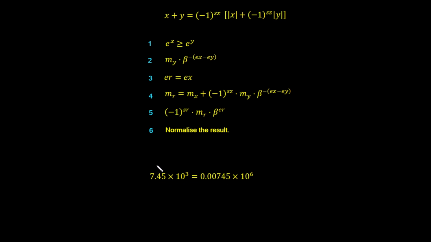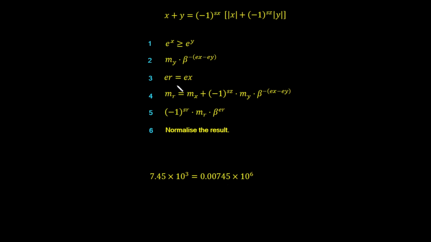So we're going to decrease this number by the difference between the two exponents. So we would do 6 minus 3, and that would give us a value of 3. But we're going to have to decrease it, so we're going to have a minus sign outside here. So in effect, in the example below, this would be beta, which in this instance would be 10 to the power of minus 3. So that would be telling us that my would be decreasing by a factor of 1000.